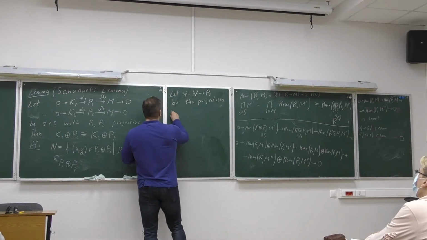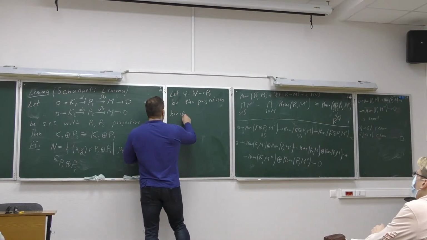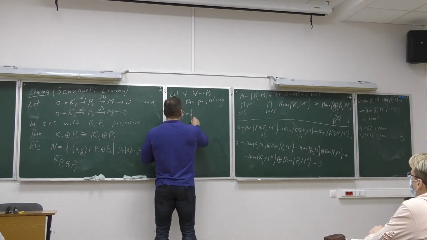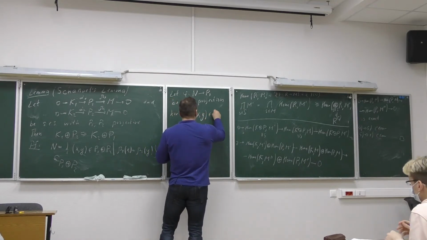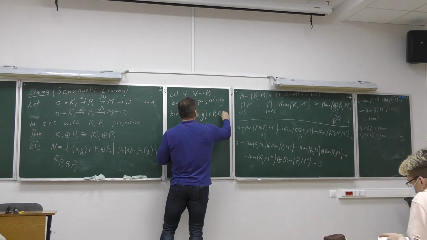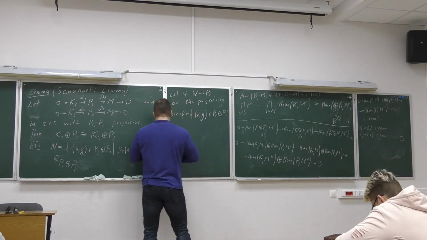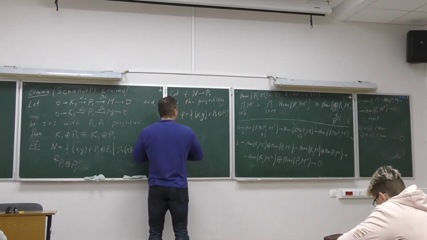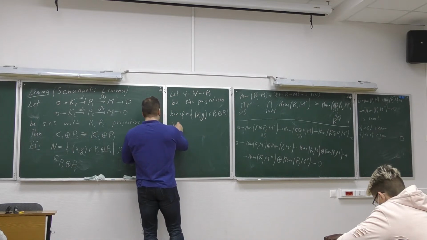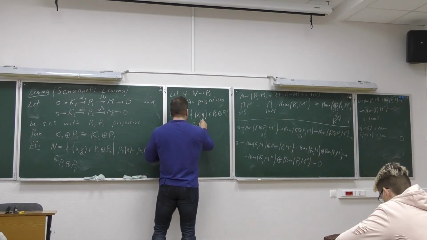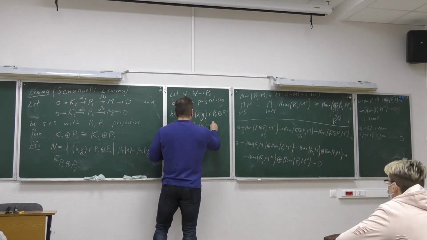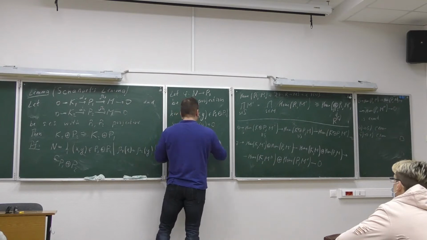So the kernel of this projection phi is pairs x and y in the direct sum P1 plus P2 such that x is equal to 0 and beta 2 of y is equal to 0.